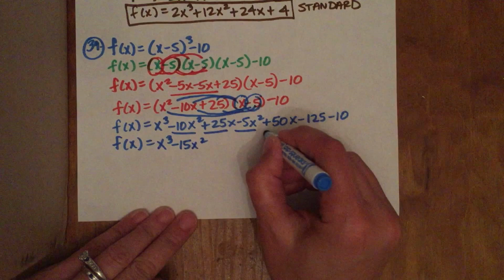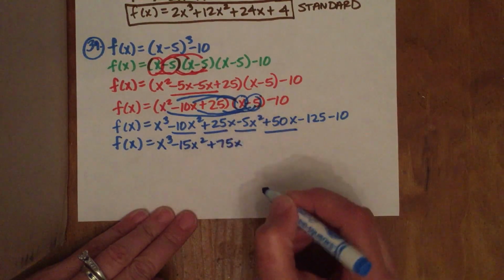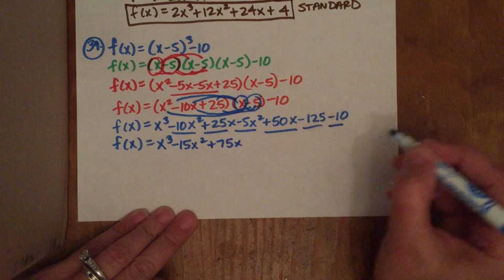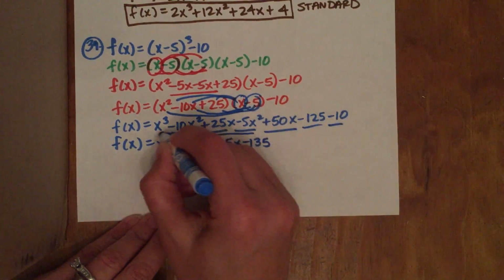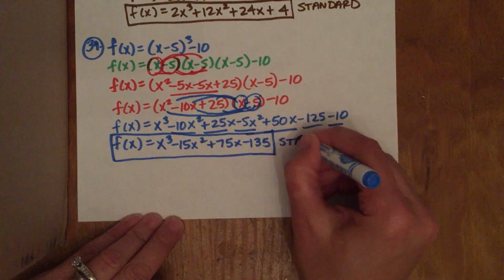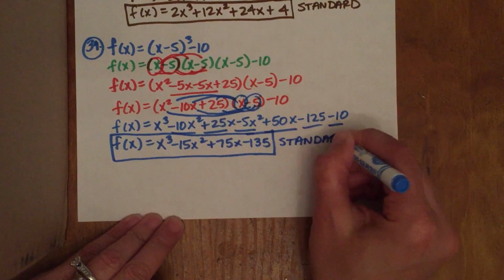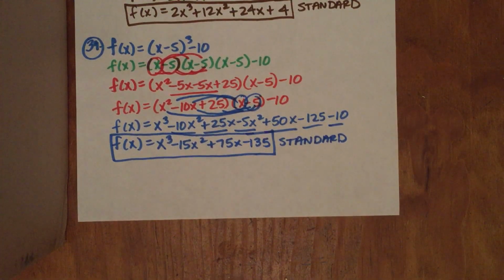I have 25x and 50x, which gives me 75x. And I have negative 125 and negative 10, which gives me negative 135. And this is your complete expanded standard form of this particular cubic.